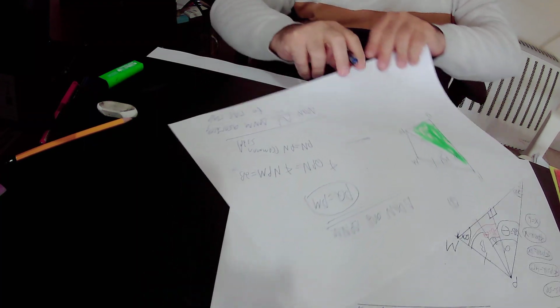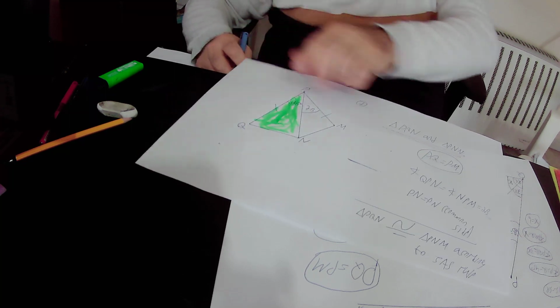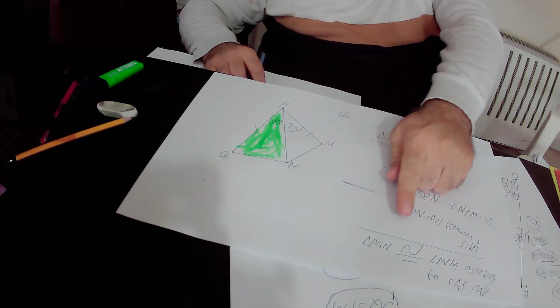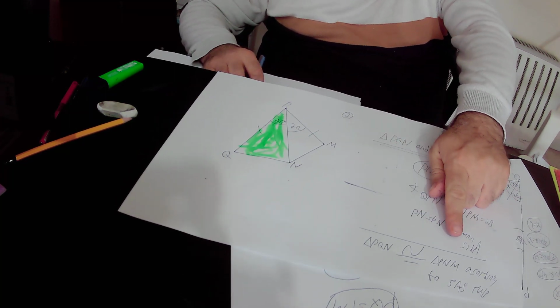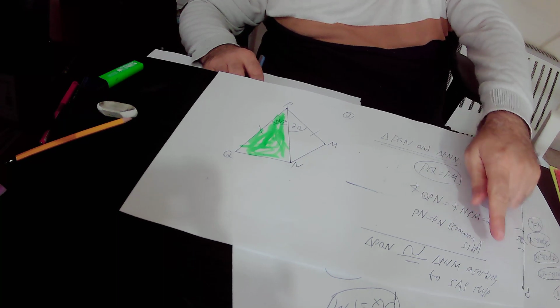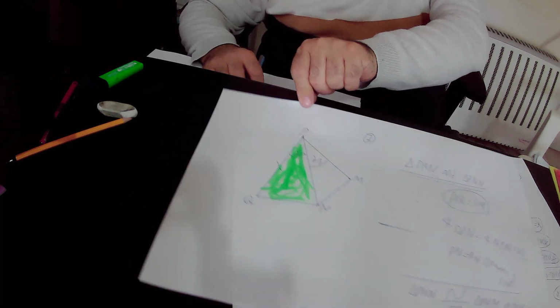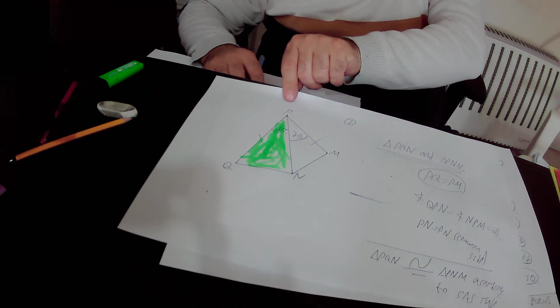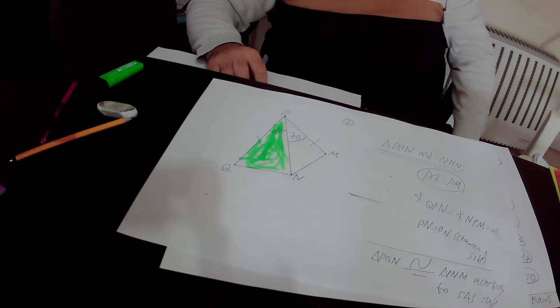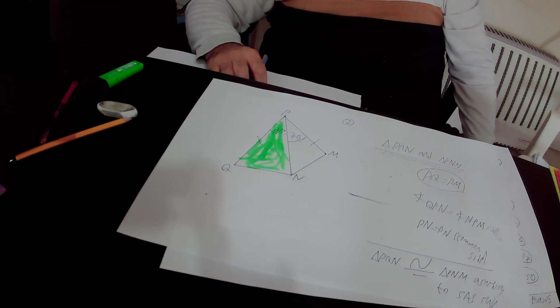I'll repeat again. We proved that the green triangle PQN is congruent to the white triangle PNM according to the side angle side rule. So what is the side angle side rule? The side angle side rule is that if you prove two sides and the angle between them in one triangle congruent to two sides and the angle between them in another triangle, then you proved that those two triangles are congruent to each other.